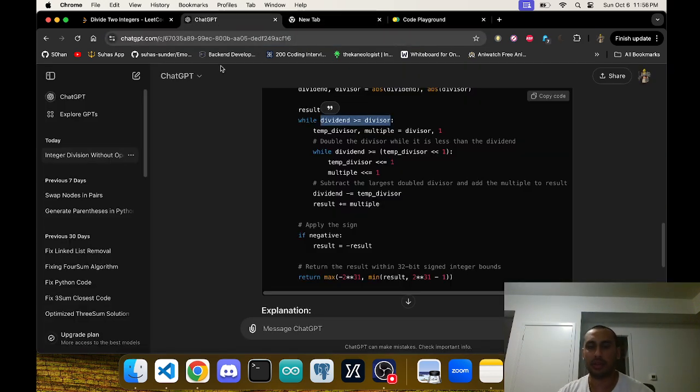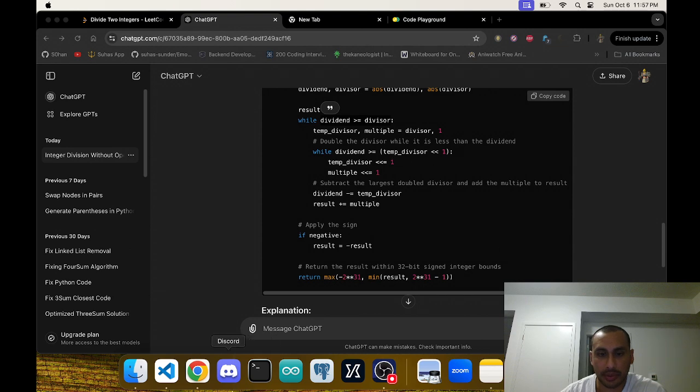Okay, so it's the powers of 2, because anything where you use the shift bit register is powers of 2. Interesting. Okay.